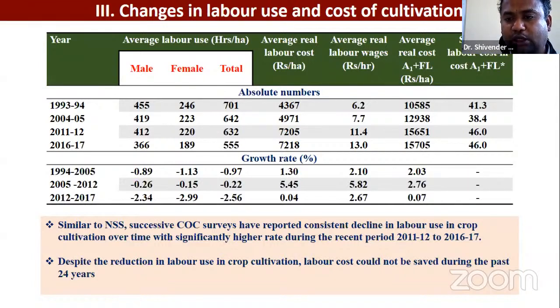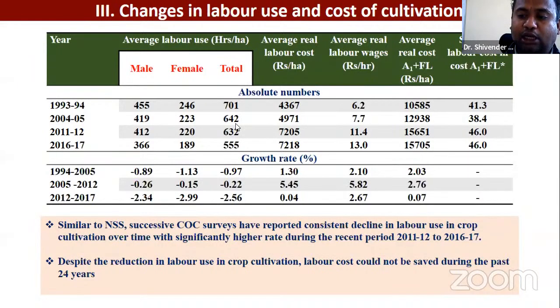But what happened is, despite the decline in labor, you can see that between 2003 and 2011, the real labor cost has increased. The reason was that the increase in labor wages was much higher as compared to the decline in labor use.